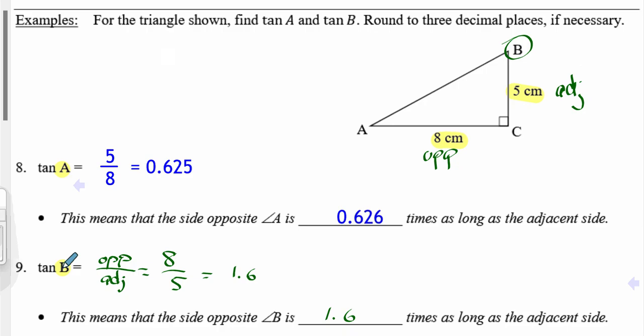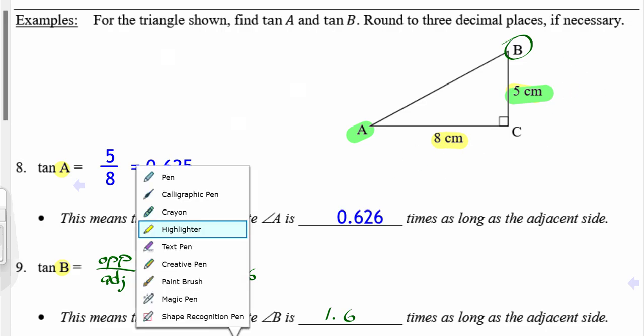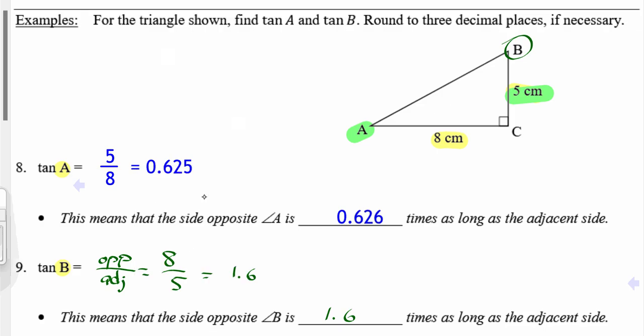So for angle A, there's my opposite side. This is my adjacent side because it's beside the angle A, but it's not the hypotenuse.